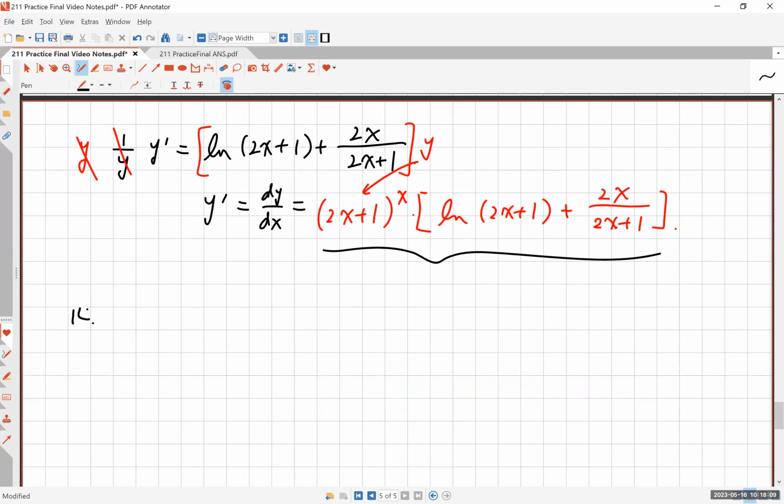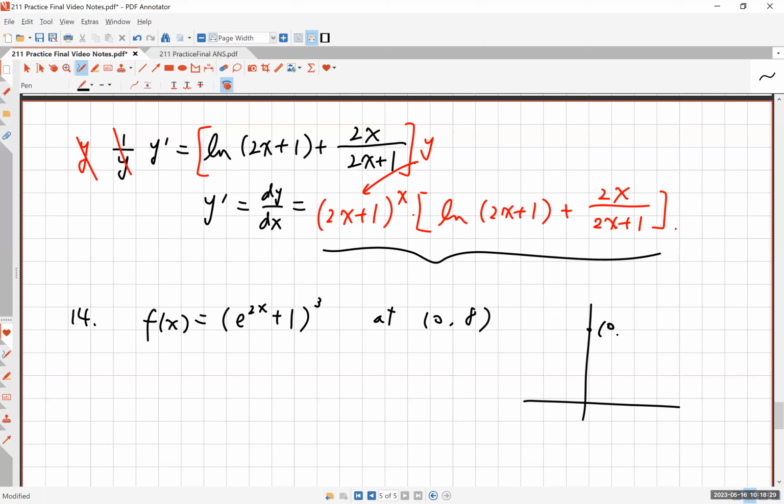All right, let's go to number 14. Find the equation of the line tangent to this function, which is (e^(2x) + 1)^3 at (0, 8). So the assumption is that this function is supposed to go through the point (0, 8), and then it's going to have some sort of a curve, right?